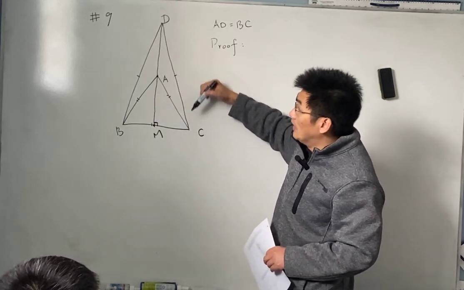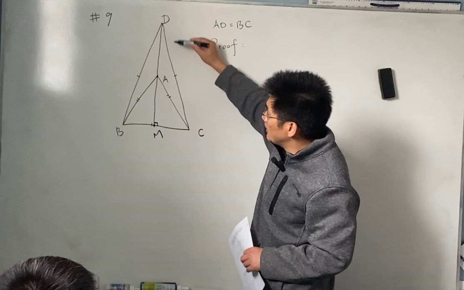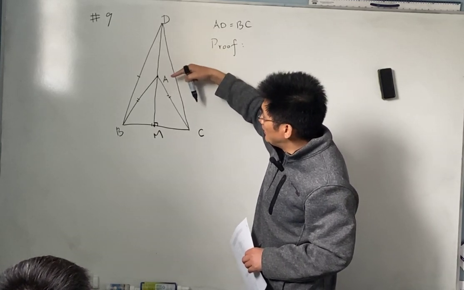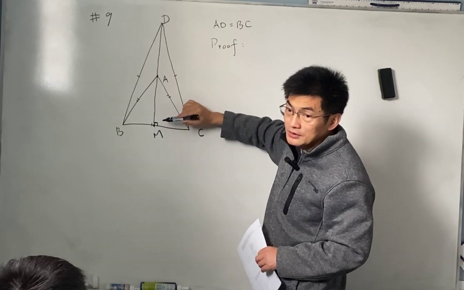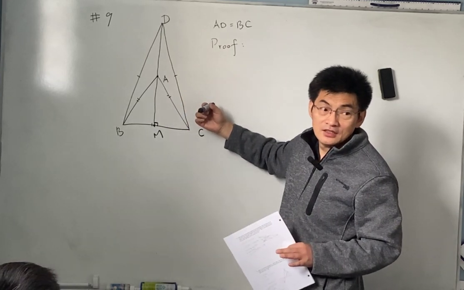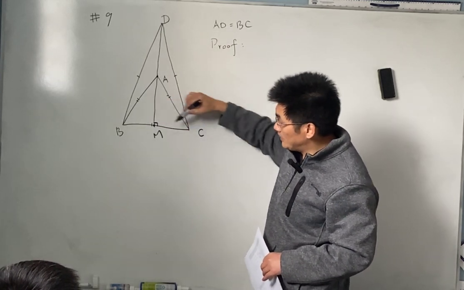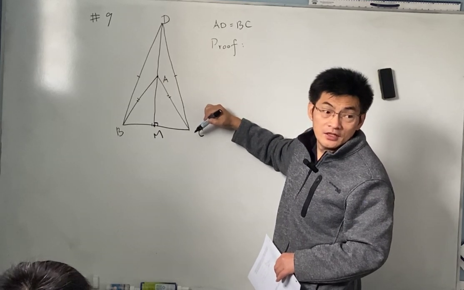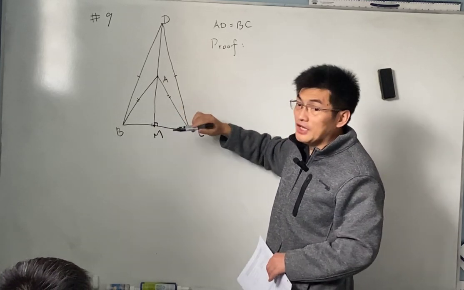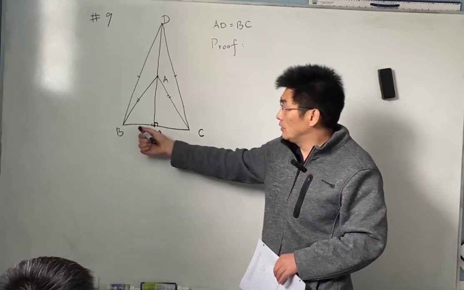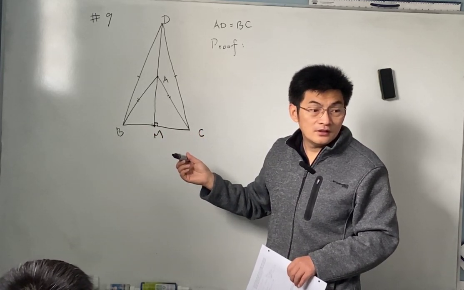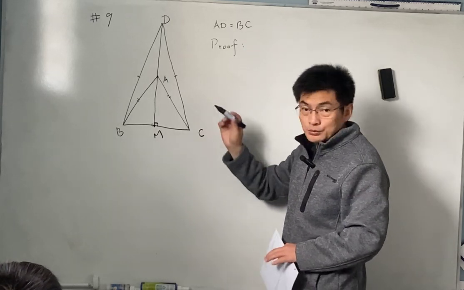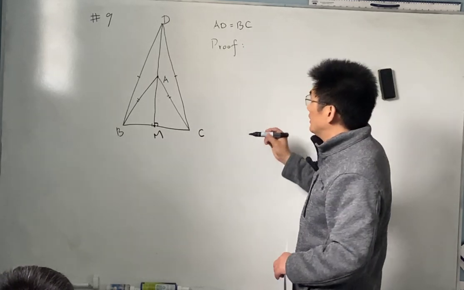And for the isosceles triangle, we can ignore DA and AM, and just draw a line straight from D to M. That line would be perpendicular to BC as well. So through the same point, you only have one line that's perpendicular to BC, so they're the same line. So these 3 points are on the same line.